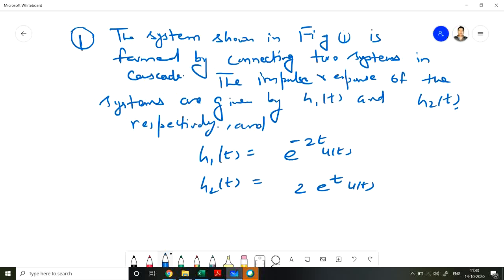So this is our impulse response that is given.